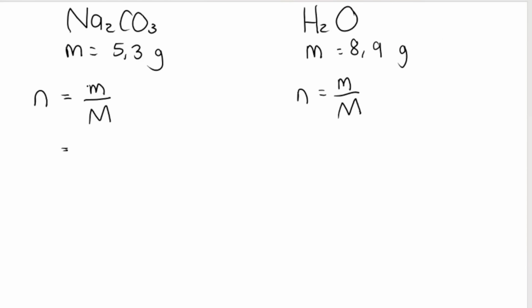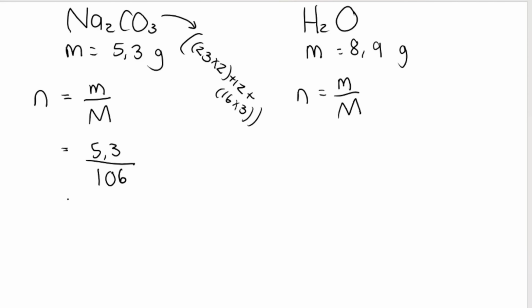To do this, I'm going to use this formula. My mass over here is 5,3 divided by my molar mass of sodium carbonate. You get this by using the periodic table, the atomic mass numbers. And I get 106 grams per mole. Using my periodic table to work out the number of moles, 5,3 divided by 106, and that is 0,05 moles, and that is of just the sodium carbonate.